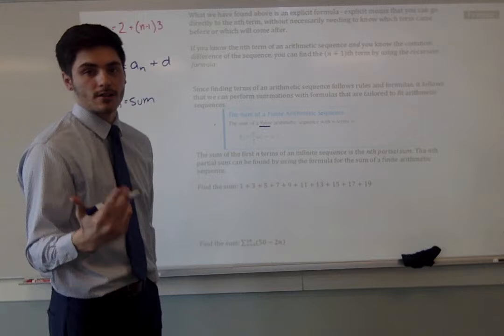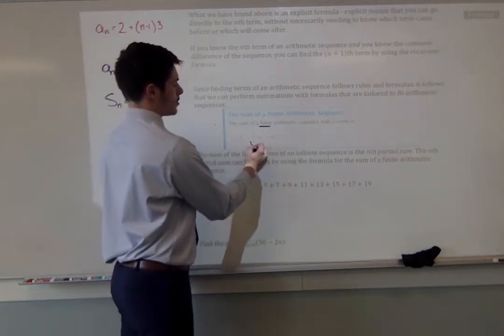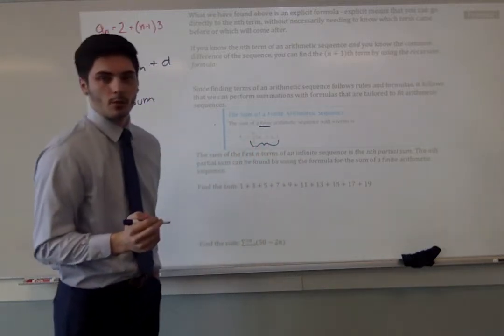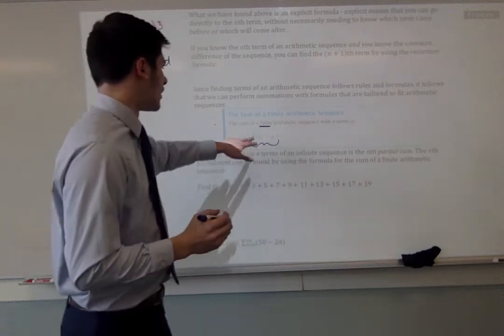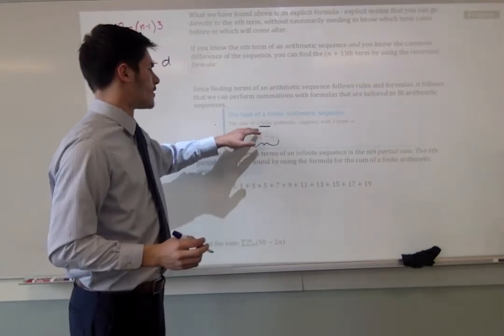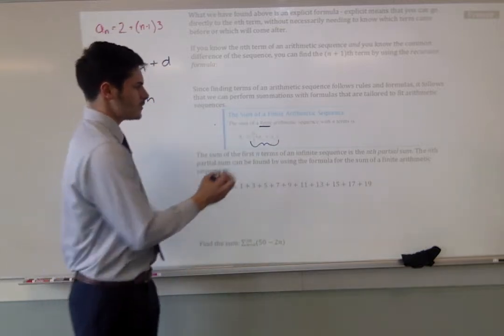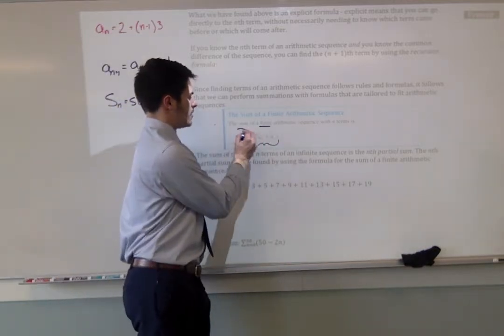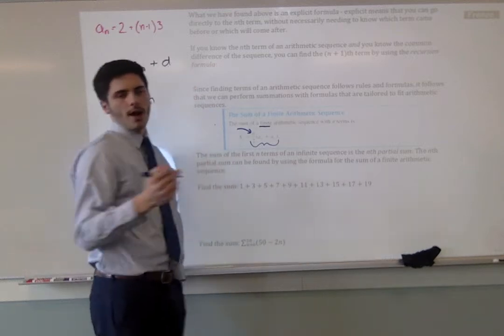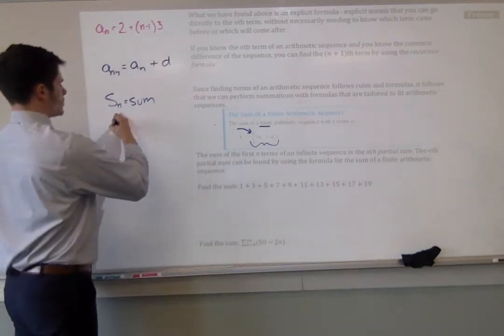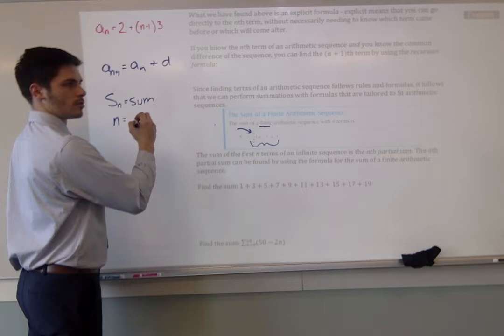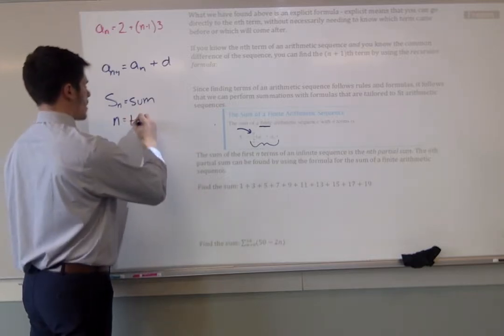You can't see it very well on the screen, but this is the n over 2 times the a1 plus an. And what's our n? Our n is going to be the number of terms, or the term number that we're trying to find, right?